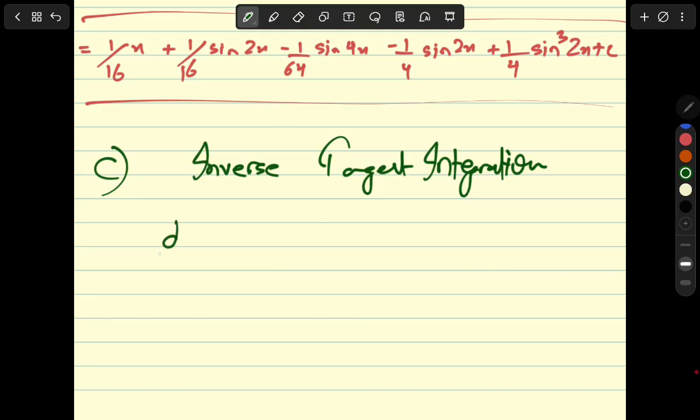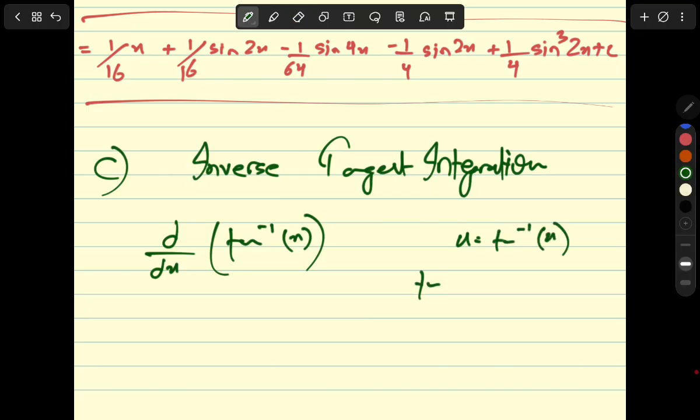Now, let's say you had to find the differential of tan inverse of x. We saw how to do it. Let's say that u is equal to tan inverse of x. So tan u is equal to x, and now do implicit differentiation with respect to x. If I apply the differential operator to both the sides with respect to x, this is going to become sec square u du by dx, and this becomes 1.